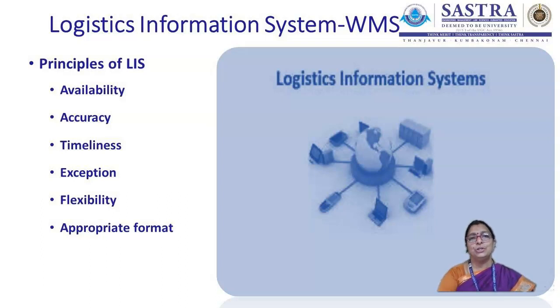Now we continue our discussion on the next topic, the principles of logistics information. As we know, a logistics information system must incorporate 6 principles to meet the management information needs and adequately support the enterprise planning and operations.